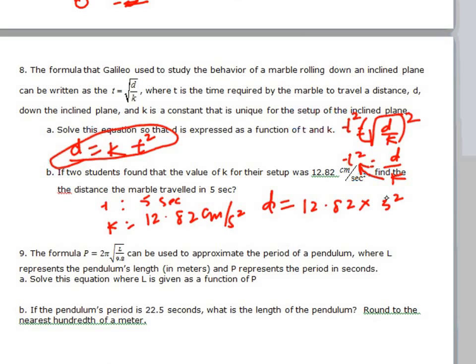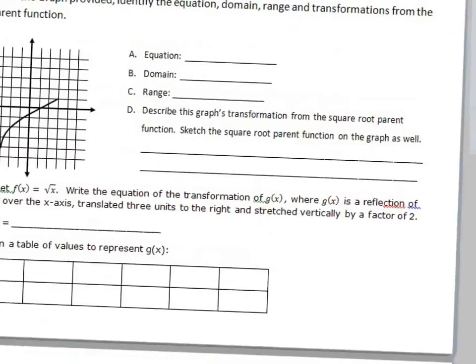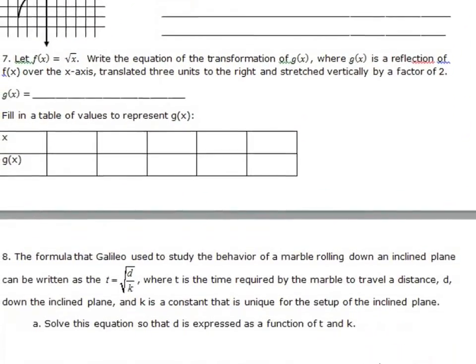So 12.82 times 25 is 320.5, and please write the units. He's saying centimeters, so this is centimeters. So D is 320.5 centimeters. Okay guys, the other two are the same as this one.